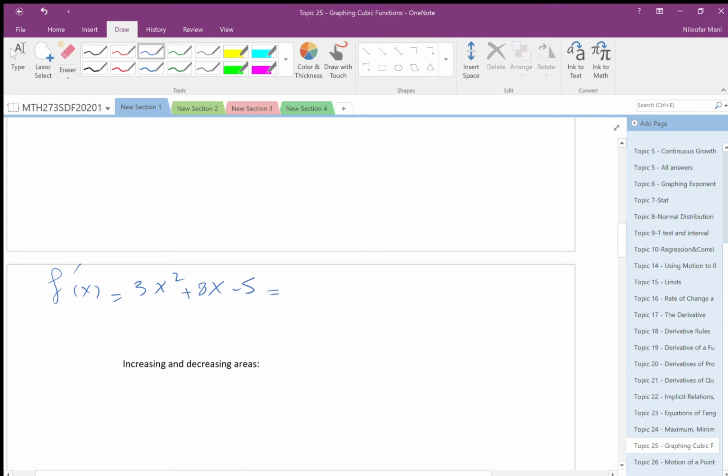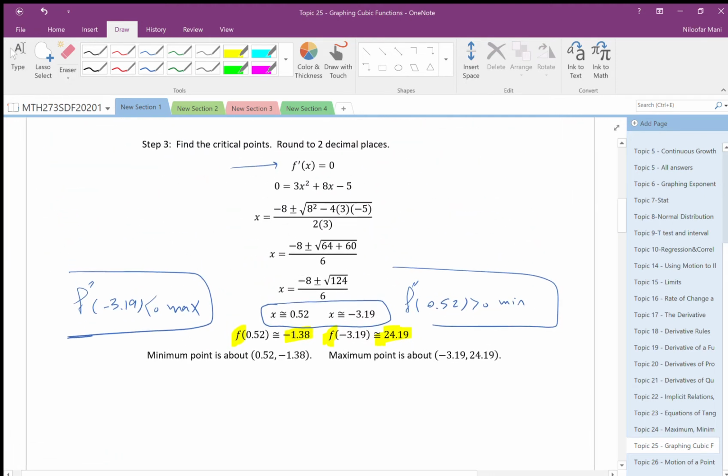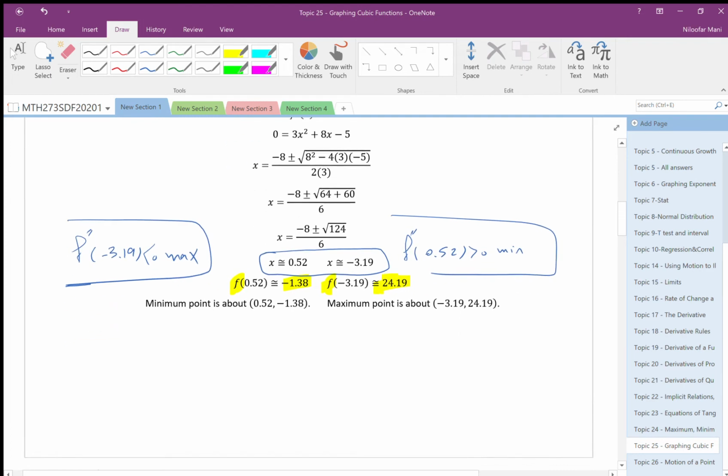Let me see if I can find them with factoring. I'm not sure if I can factor here. Yes, I cannot factor.